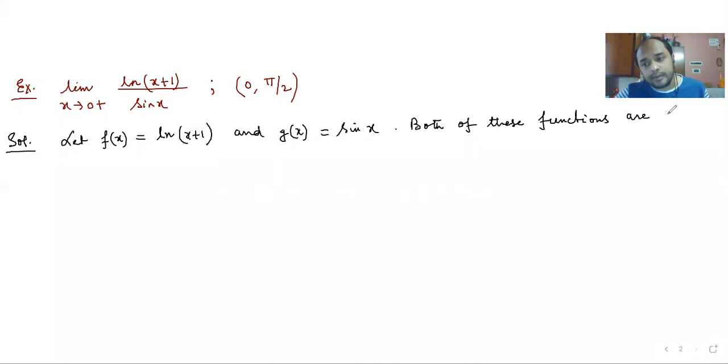Both of these functions are differentiable in the open interval 0 to pi by 2.